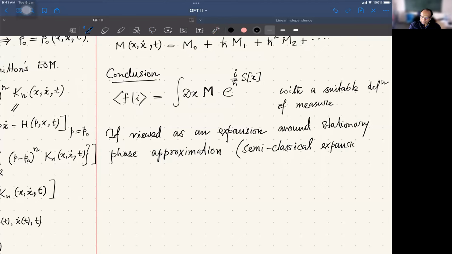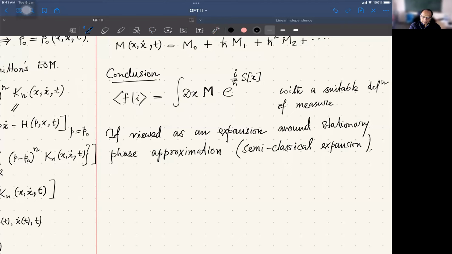So if I refer to semi-classical expansion, it means this is what has been done. It has been expanded around the stationary phase approximation. Then the semi-classical expansion has a classical contribution in the leading order and then quantum corrections, right? That is how the entire calculation goes.